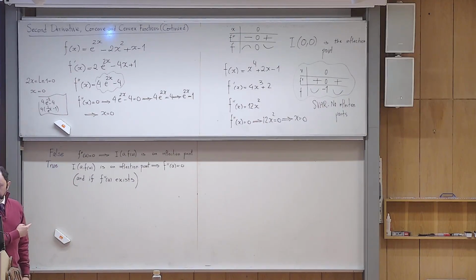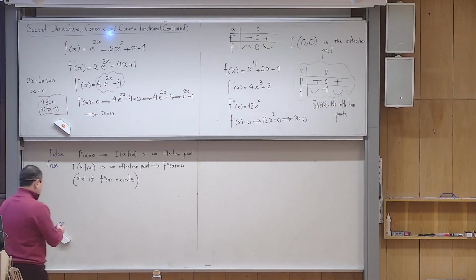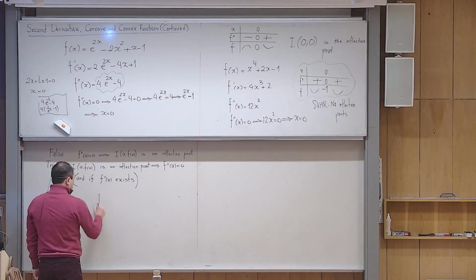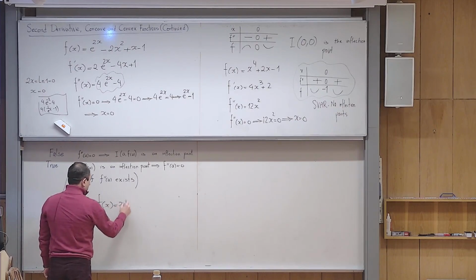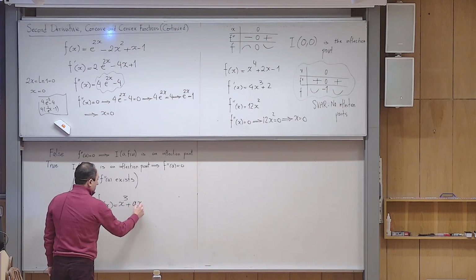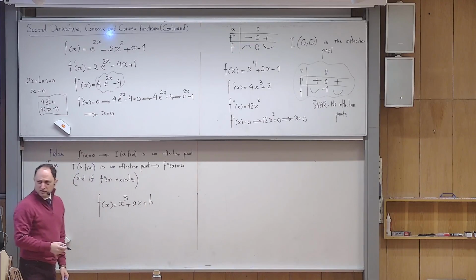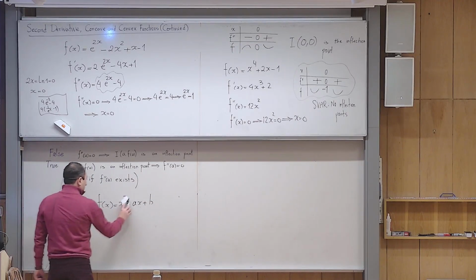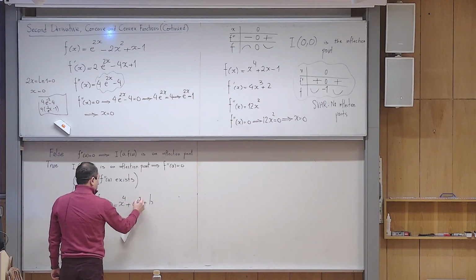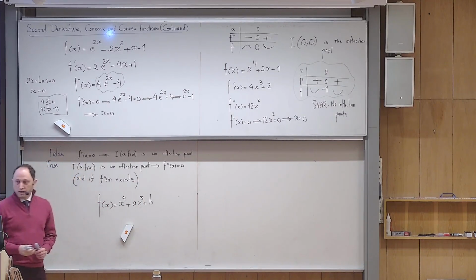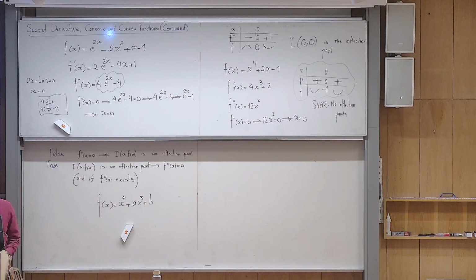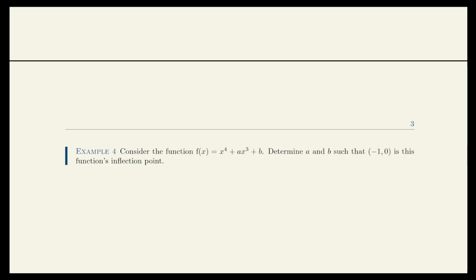Okay, why is this useful here? Because they have given us a function, f of x is x to the 4 plus a x to the third plus b. No, sorry, x to the 4, and this is 3. We are supposed to determine a and b in a way that -1 and 0 is the function's inflection point.